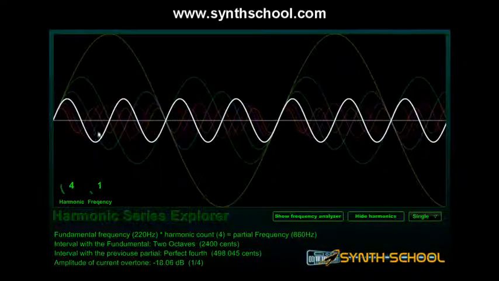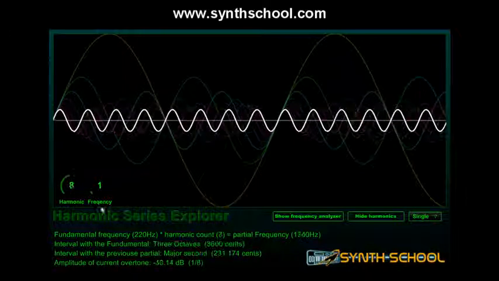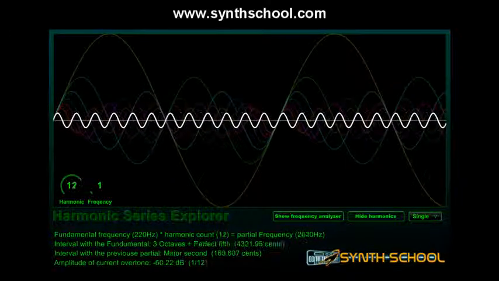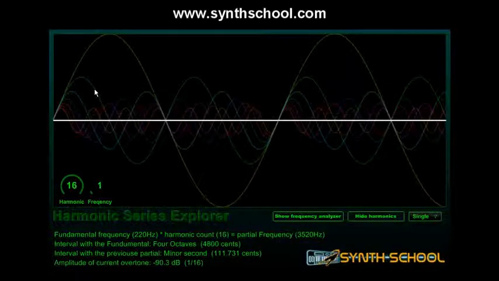The fourth one will be 2 octaves higher than the fundamental, and a perfect fourth higher than the previous overtone. And as you can see, as I go up the overtones, the interval with the previous overtones gets smaller and smaller and smaller. As I go up, it reaches microtone.